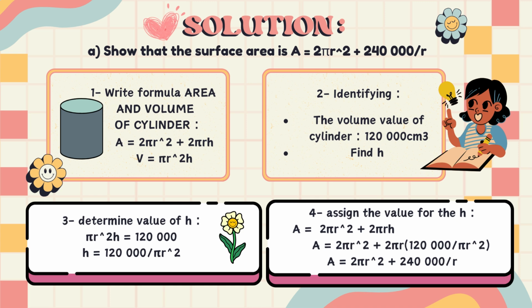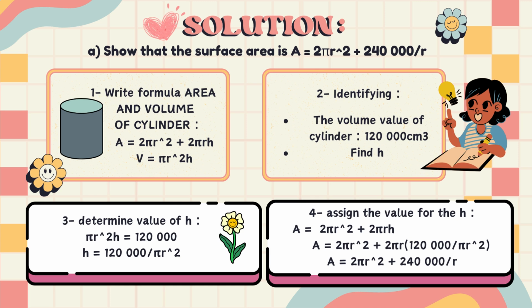So, pi r squared h is equal to 120,000, and we just move pi r squared to the right, so we have only h on the left, which gives h equals 120,000 over pi r squared. The last step is to substitute the value of h.